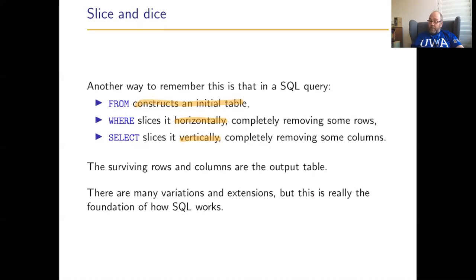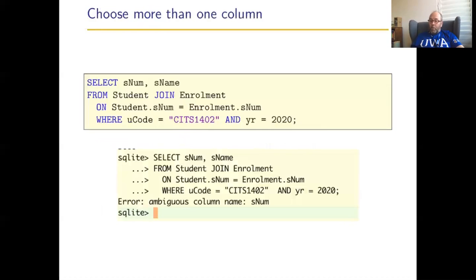And whatever is left after that is the output table. If you do this in the SQLite prompt, then the output table is simply reproduced on the screen. It's simply printed onto the screen. But the key thing to remember, though, is that it is still a table. And so you can do with it anything else that you can do with a table.